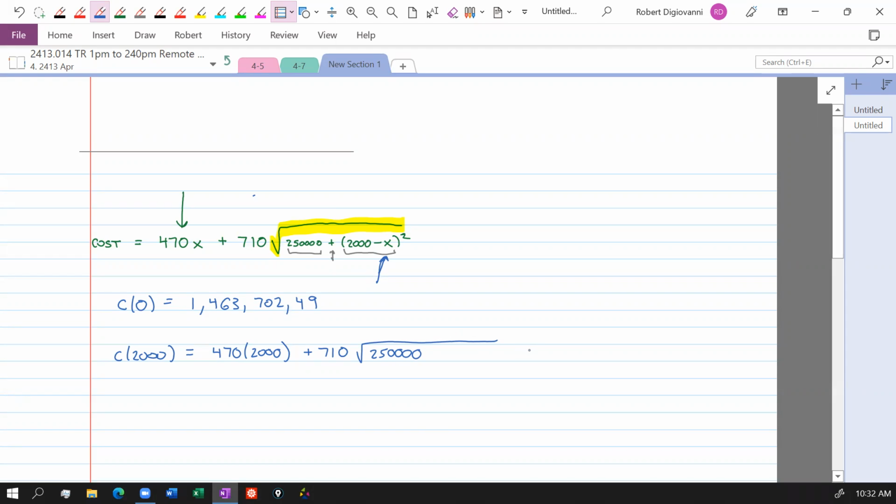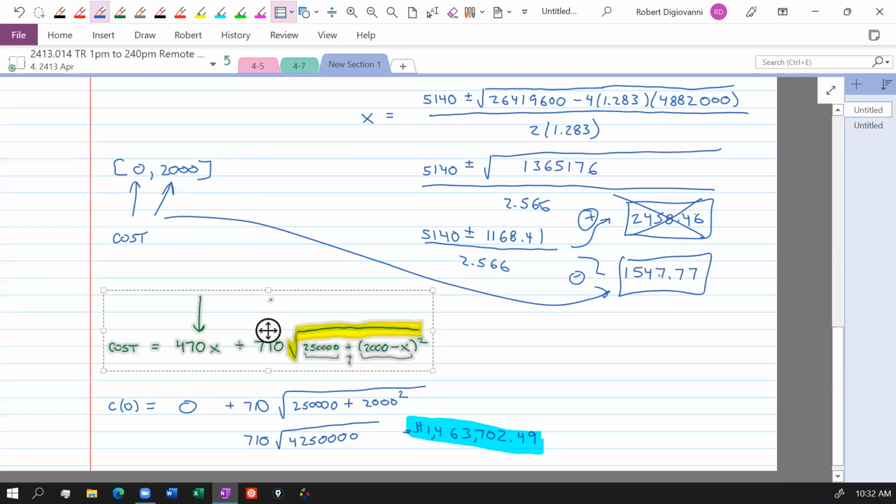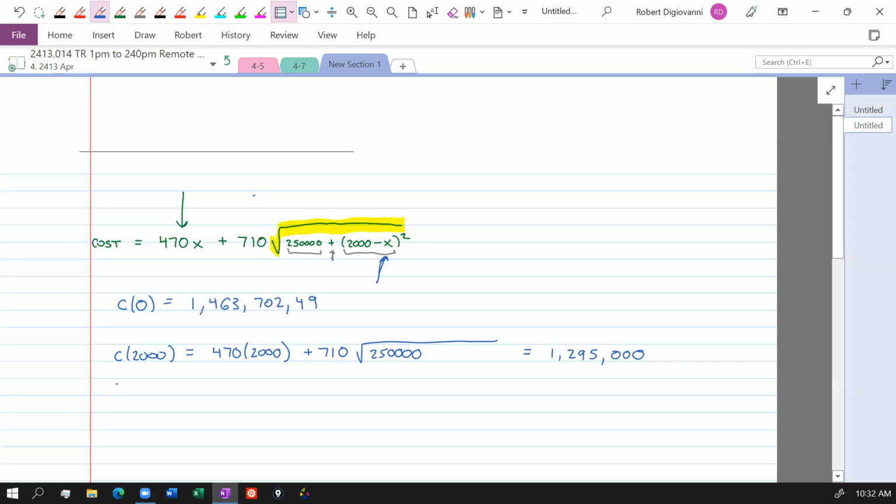I did all that on my calculator. I got 1,295,000 even. That's how much it would be. Okay, and then I have to do my critical number, 1547.77.